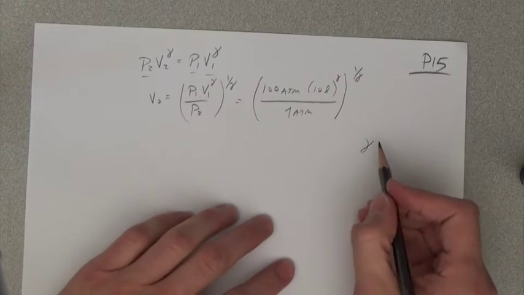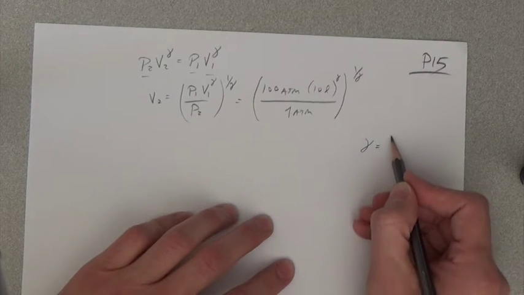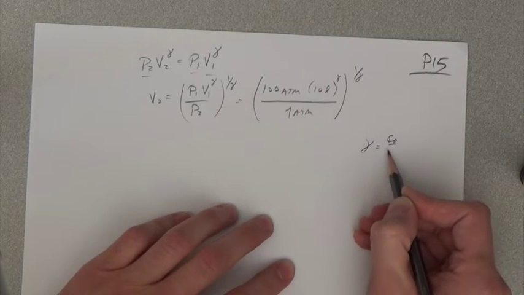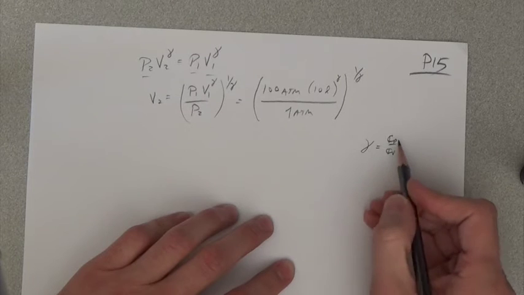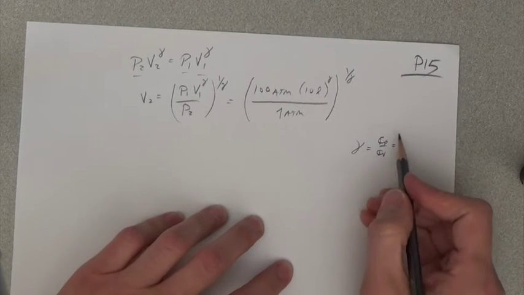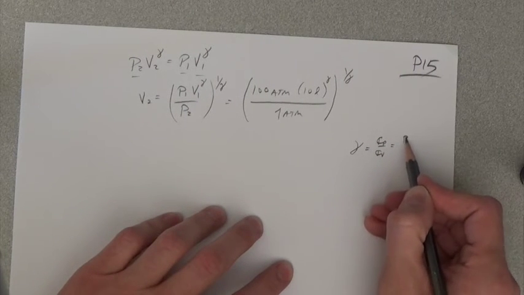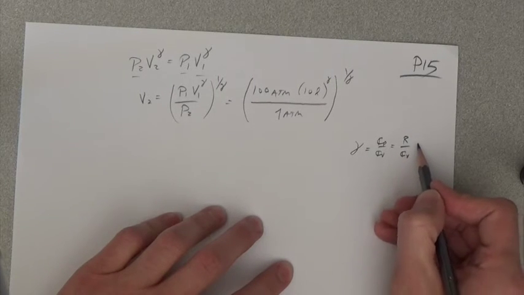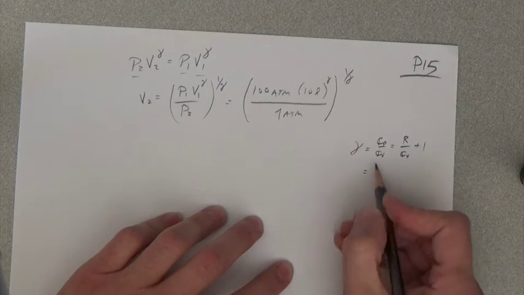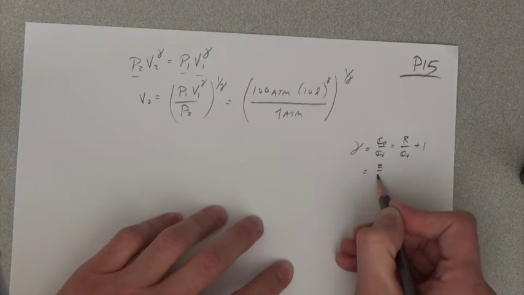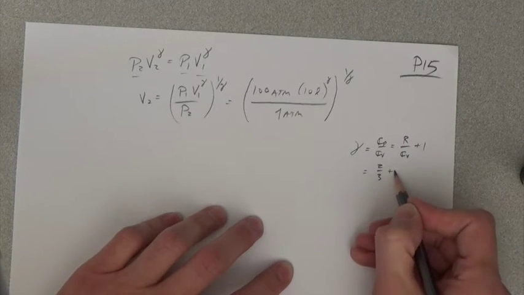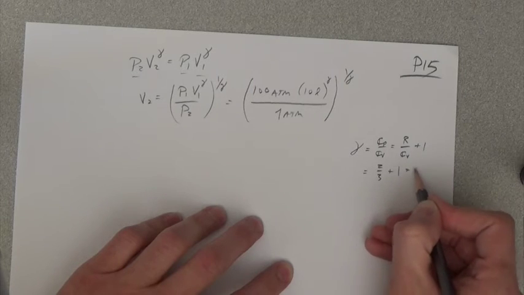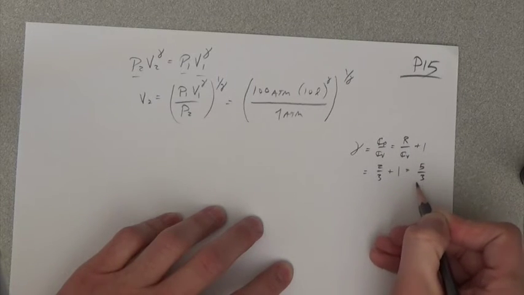Gamma is equal to Cp over Cv is equal to R over Cv plus 1 is equal to 2/3 plus 1 is equal to 5/3.